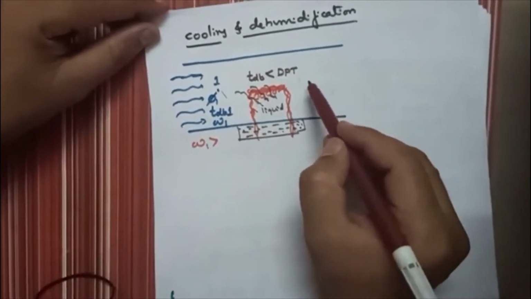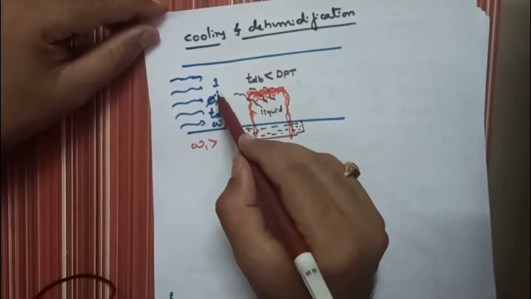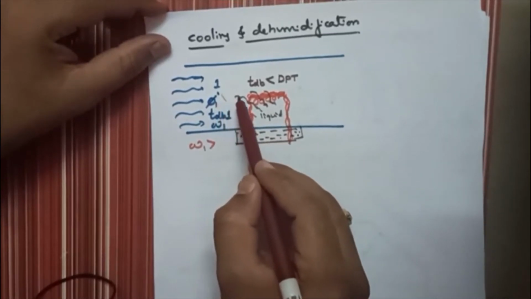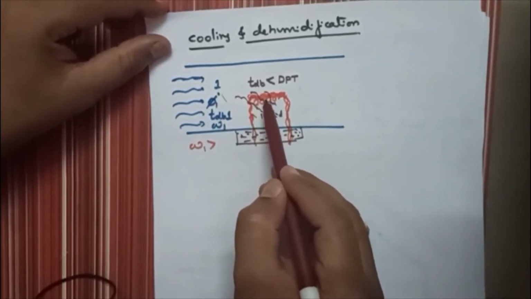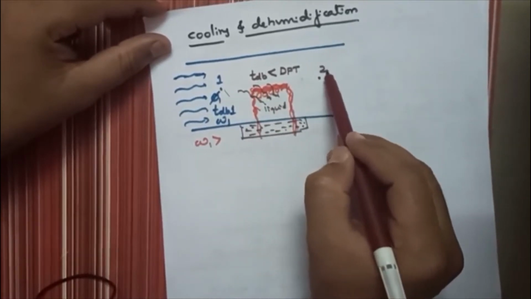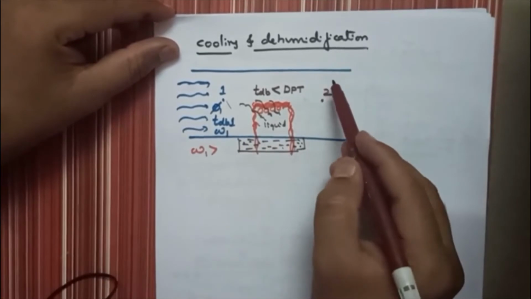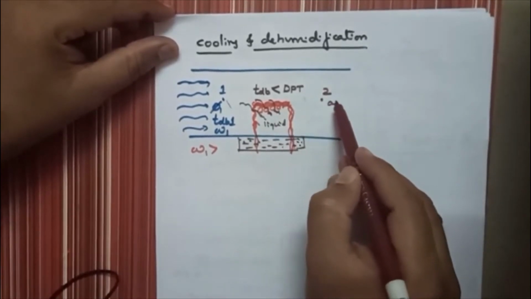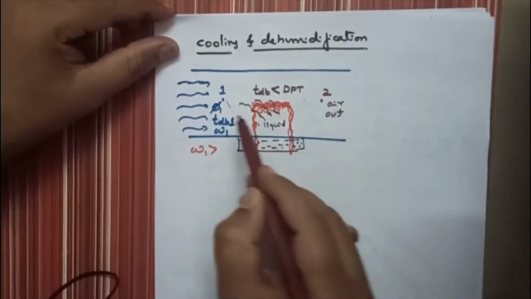So at outlet, when all the water vapor has condensed to liquid, only the air will come outside. That is point number 2. At point number 2 it is air out, and here is air in.